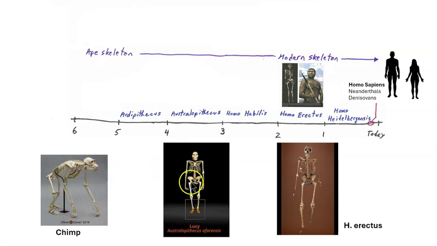And then we go to Lucy. There's a transitional species. She has features that are like apes, but also features that are more like the later humans. But Homo erectus really resembles the modern human anatomy, including long legs that are adaptations for running and other skeletal features that made Homo erectus a formidable hunter.